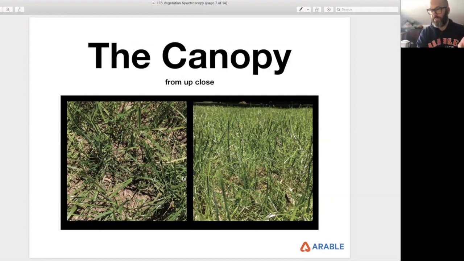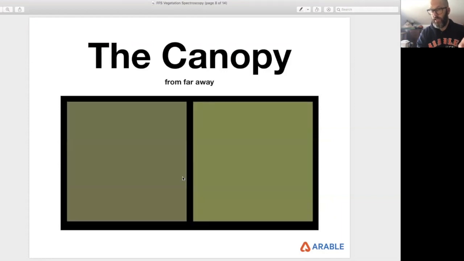What does a satellite see versus what does a camera see? And so really this is like what a spectrometer sees. The sensor sees this average. Okay, so it's averaging the leaves, the soil, the shadows.